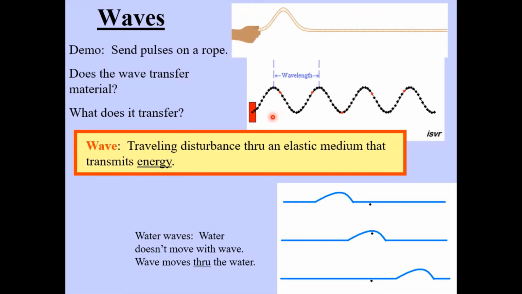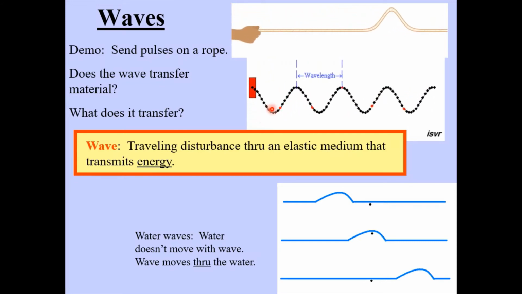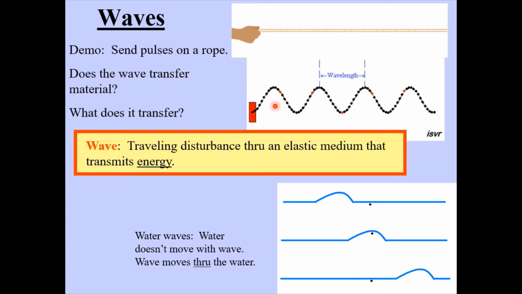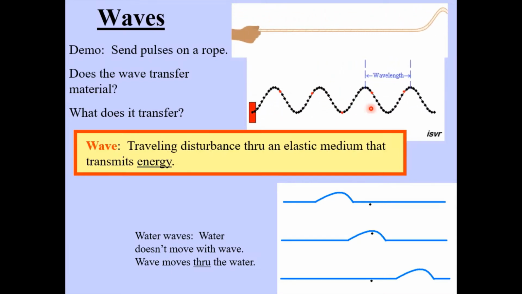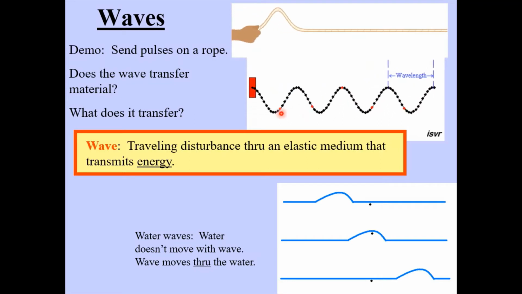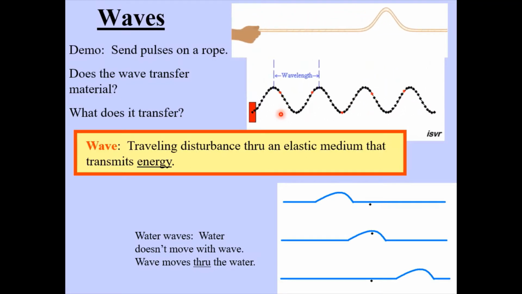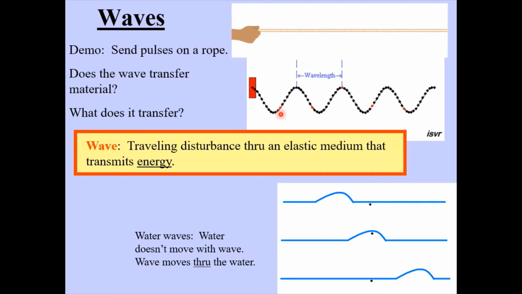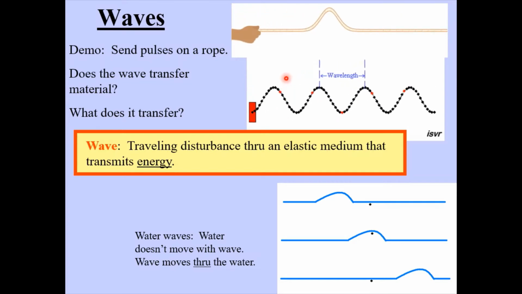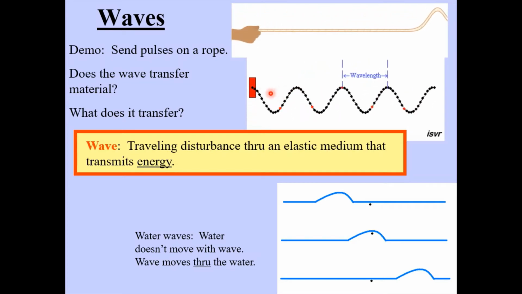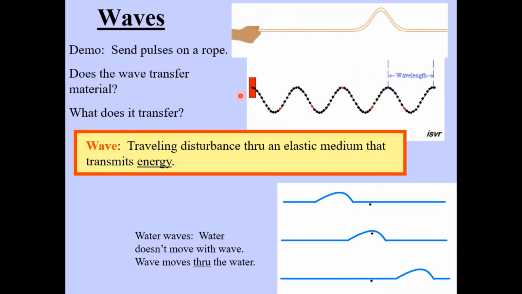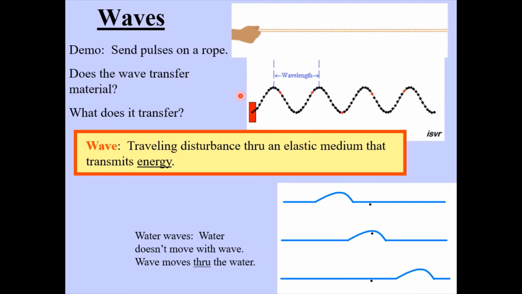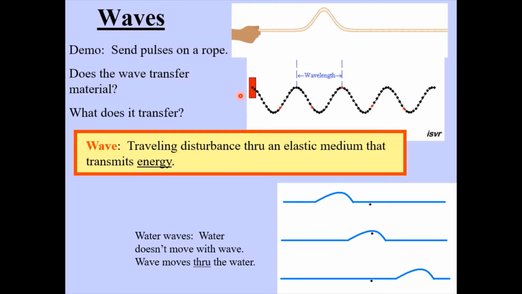What's shown here on the rope are little, let's say, beads attached to the rope. And look, there's a red bead here, here, here, here, and here. And notice that if you watch one of those red beads, all the red bead does is go up and down. It does not move left or right. And this is the characteristic of what is called a transverse wave, which we will look at a little bit more in the next slide.